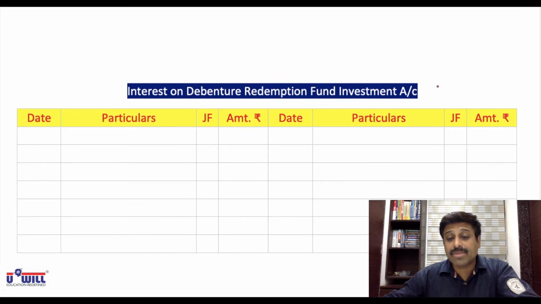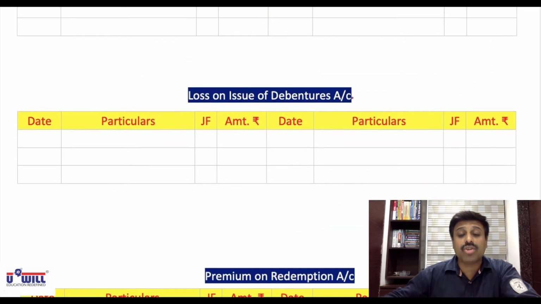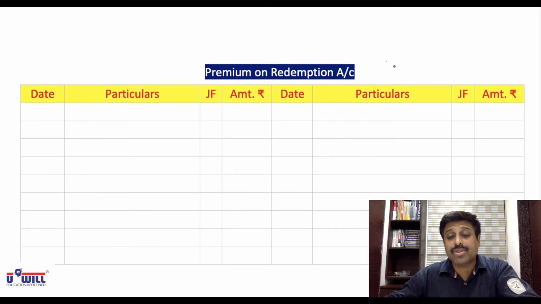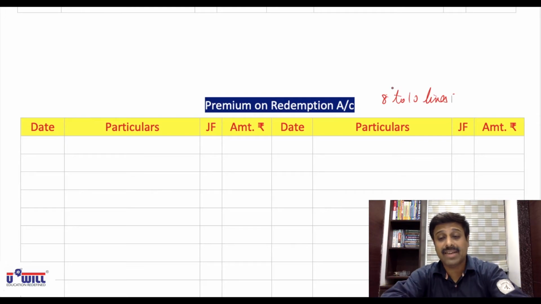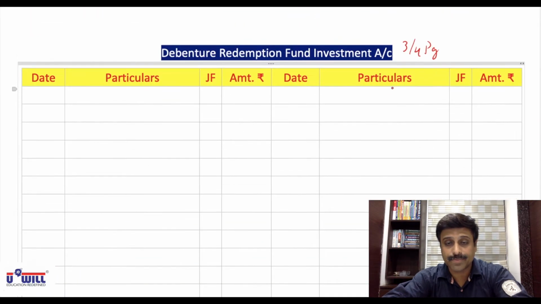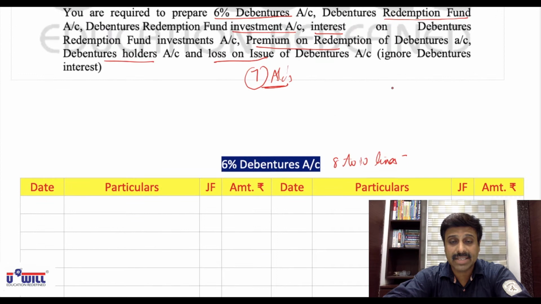Interest on debenture redemption fund account, 1/4 page. And also you have to make loss on issue of debentures account, 2 to 3 lines. And also you have to make premium on redemption account, 8 to 10 lines. So make the format for all these 7 ledger accounts, every one of you. Pause the video and make these formats.